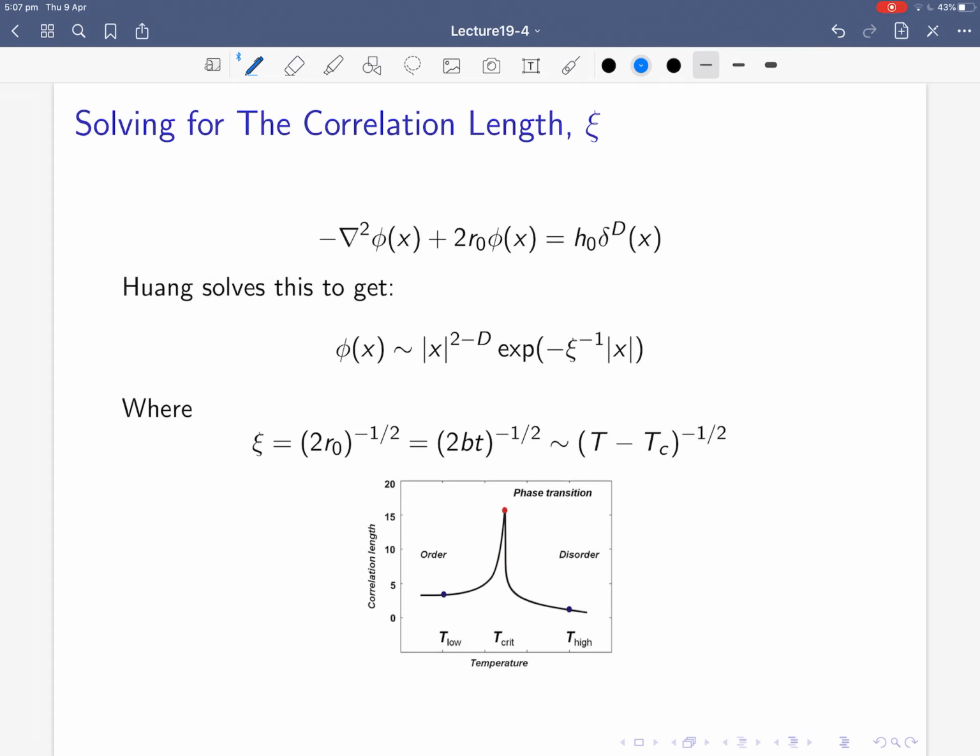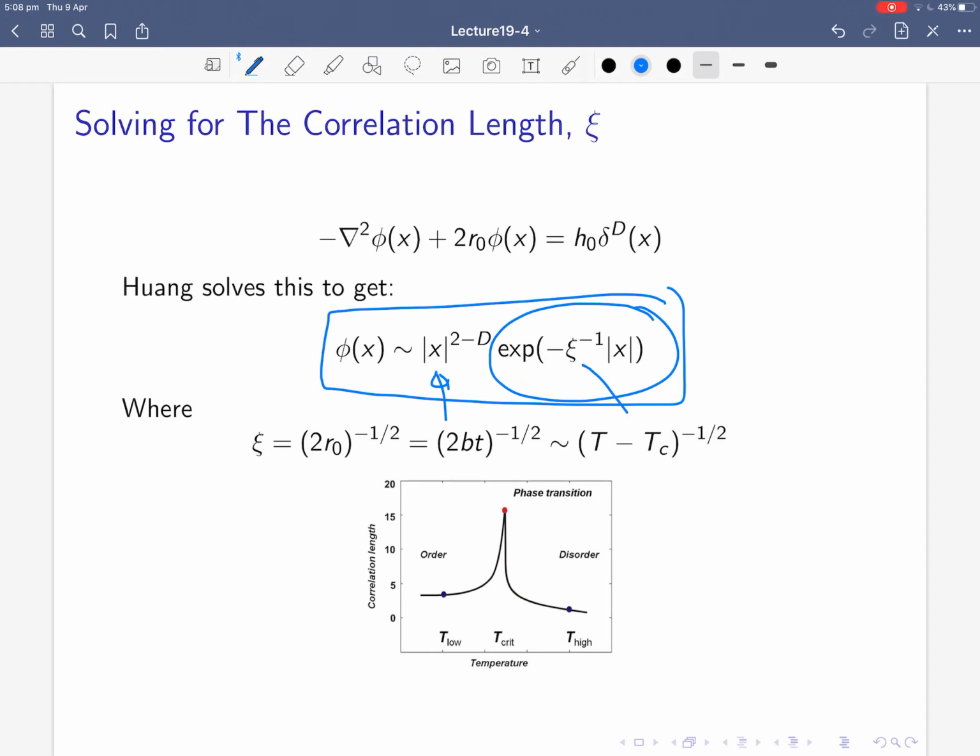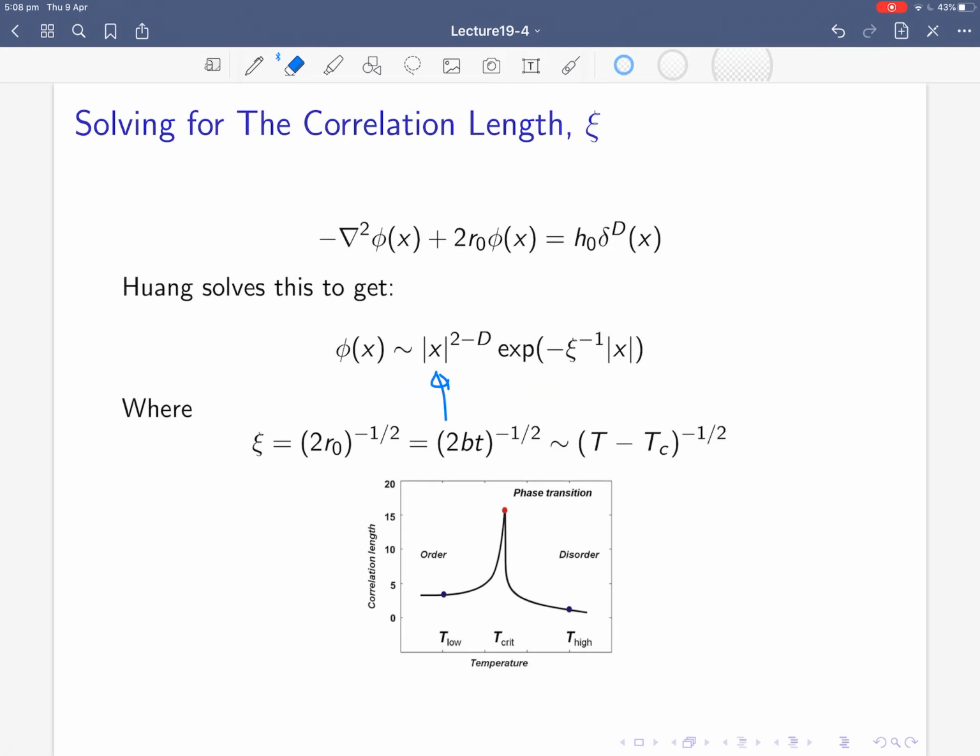In Wang's book, he actually goes away and solves this. You can solve it yourself by just plugging in a solution if you want to. But he gets a solution which looks roughly like this. It's got some exponential decay and some sort of singular behavior near x equals 0. And what he can back out from that is what the correlation length is.